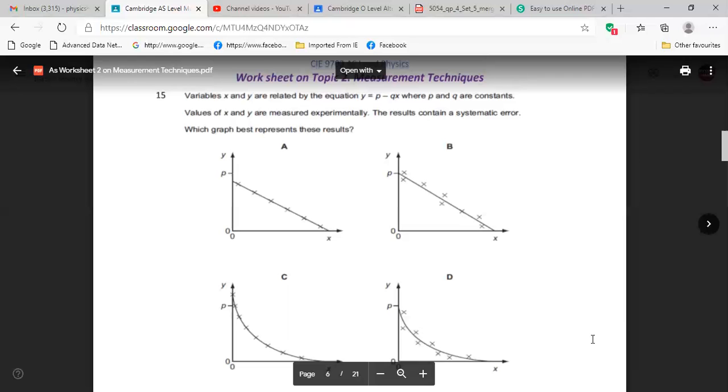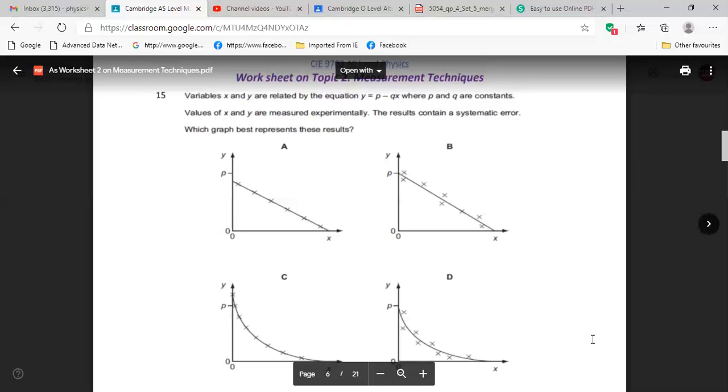If our graph starts from x equals 0, you put the value of x as 0 at the beginning, it should be y equals p, right? But there is systematic error. That's why it should not be y equals p. It will be something else, either less or more. So we can choose now A. Is it clear? Yes, sir.